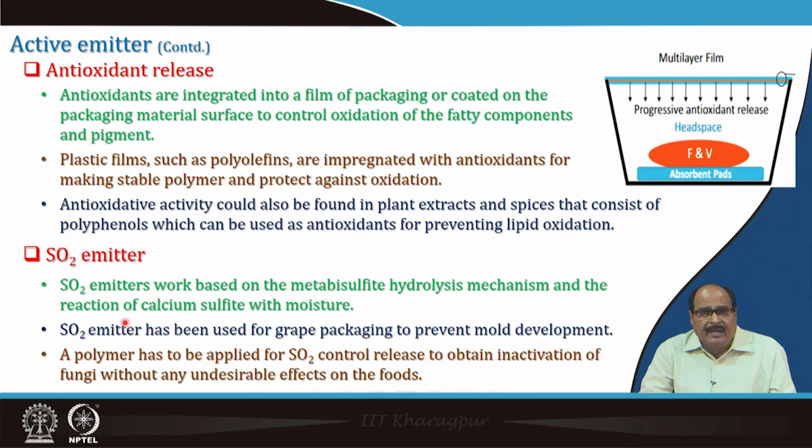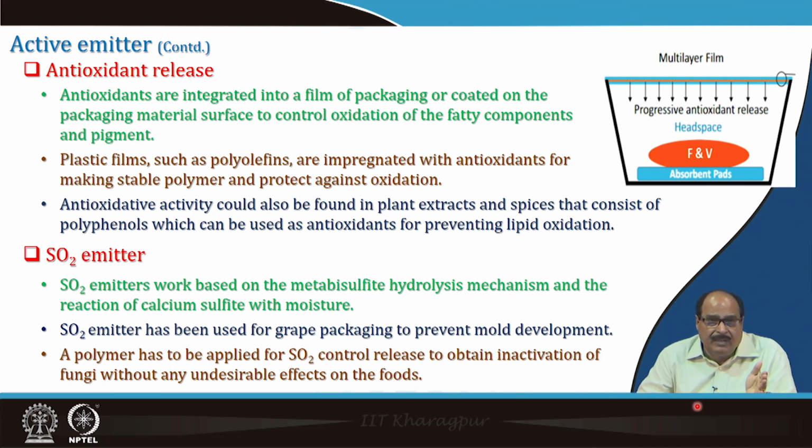Antioxidative activity could also be found in plant extracts and spice extracts that consist of polyphenols, etc., and they can also be impregnated into the packaging material. Then sulfur dioxide emitters work based on the metabisulfite hydrolysis mechanism and the reaction of calcium sulfide with moisture. Sulfur dioxide emitters have been used for grape packaging to prevent mold development.